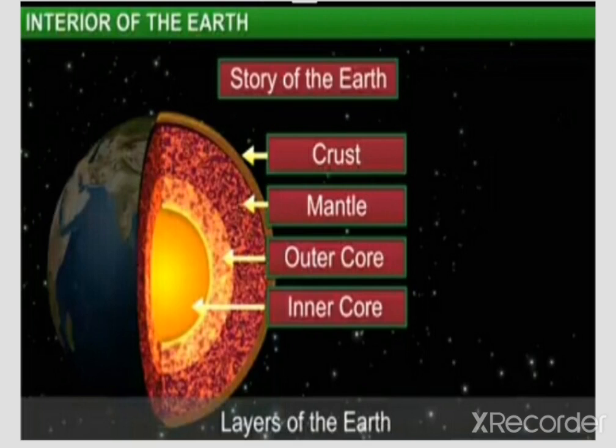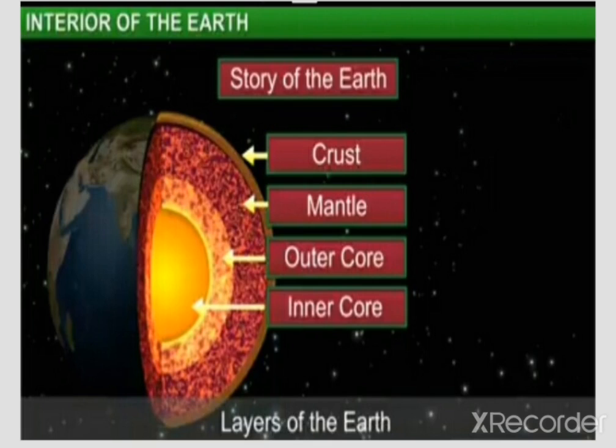Yes, earth was in a gaseous state in the initial stage. But it started cooling down through the process of rotation. I already told you in a previous lecture that due to the rotation of earth, earth's outer layer started cooling down.